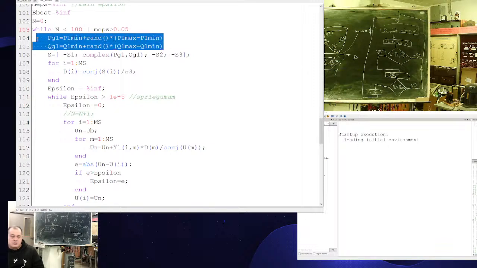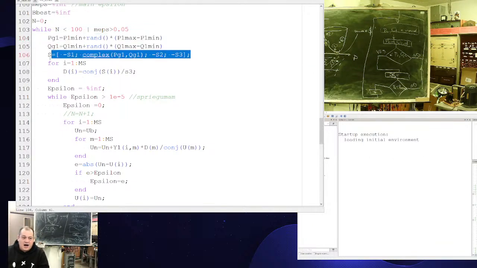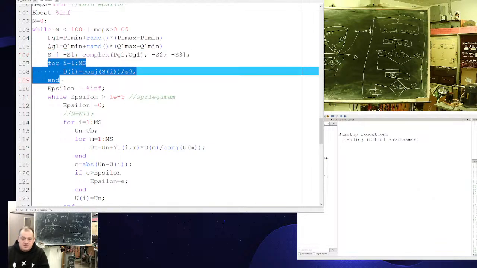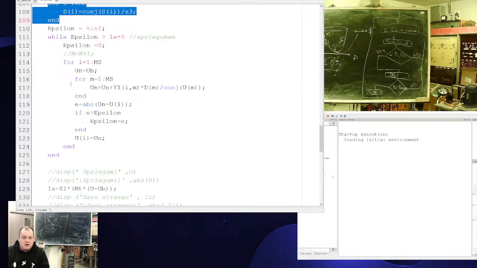These two, you can see, are a generation of random active and reactive power for the first plant in the area of possible active and reactive power. Here I create a real power vector. To calculate this I don't need the full matrix, I need only the main diagonal.